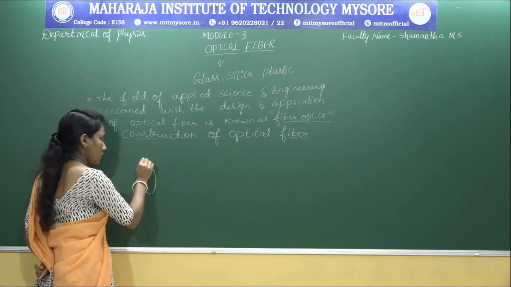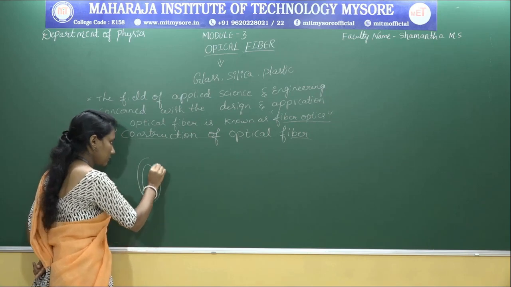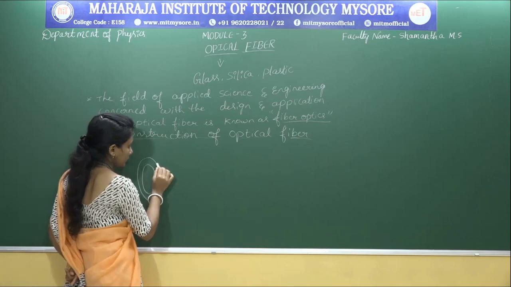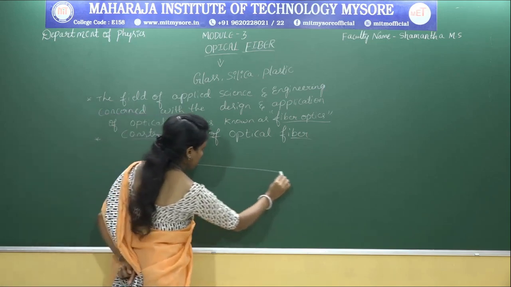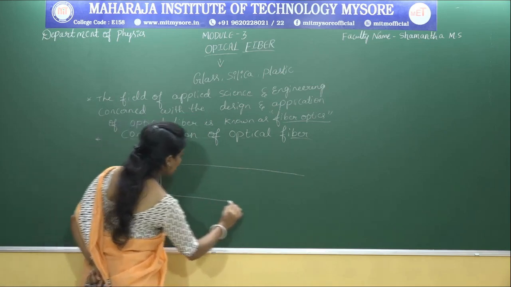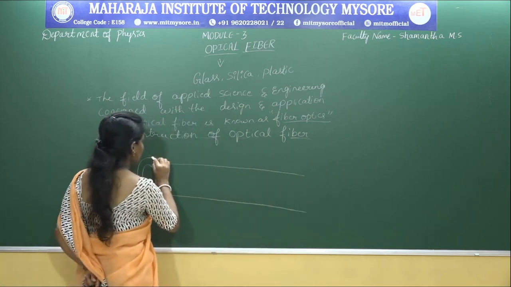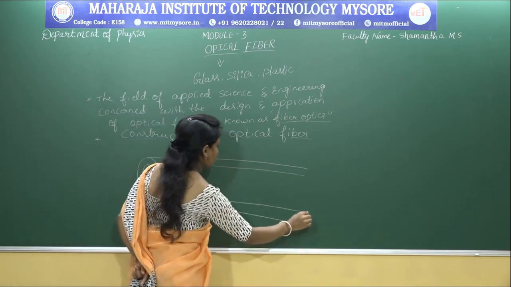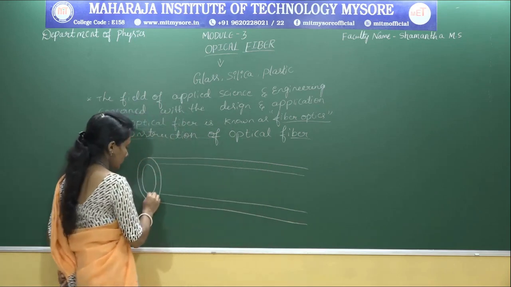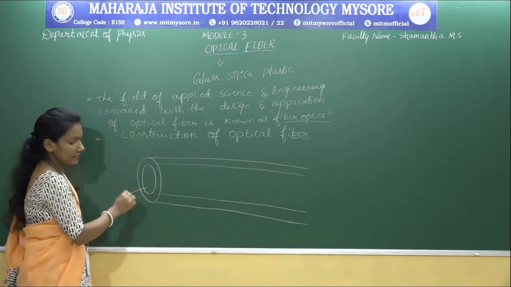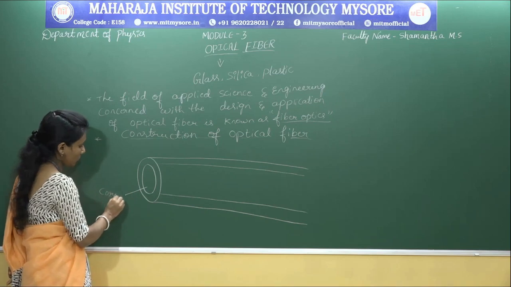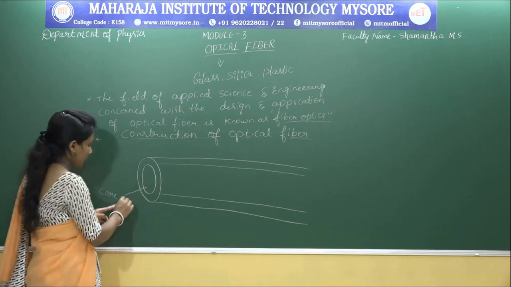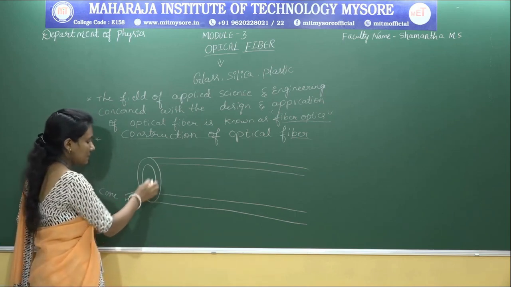Inside is the core and the outside is the cladding. The inner layer is called the core. The core has refractive index N1 and is the denser medium.